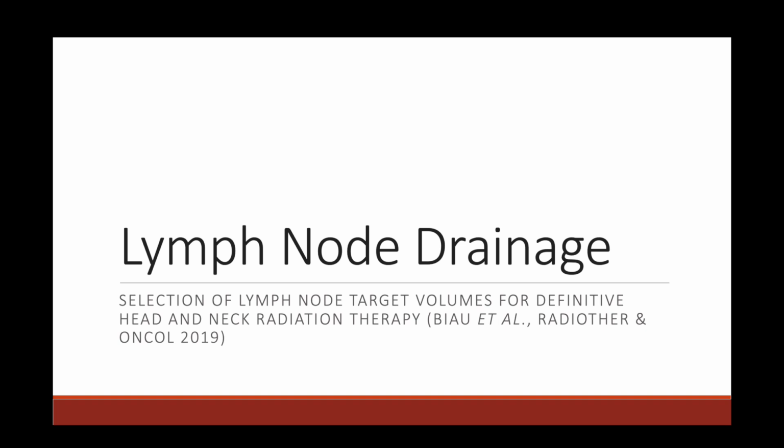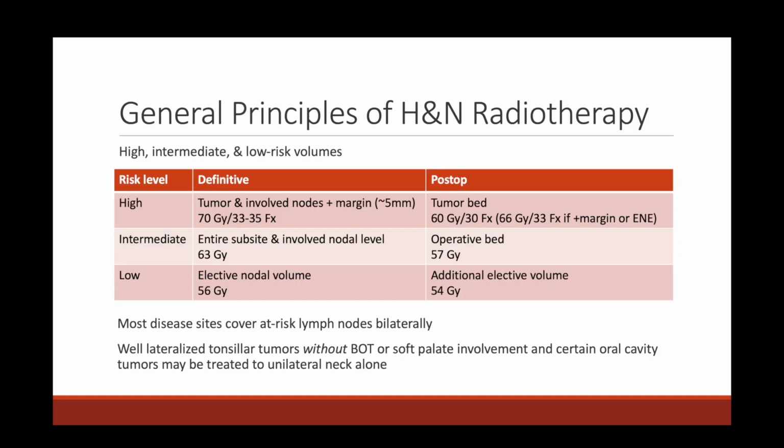But again, this overview is extremely general, and I would refer you to that paper for more complete details. The reason we care about general principles of lymph node drainage is because if there's a particular lymph node region that is at high risk of involvement, and we know that a particular subsite drains to that level, we want to cover that as part of our elective nodal volume.